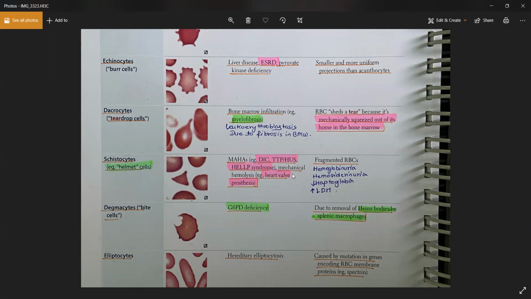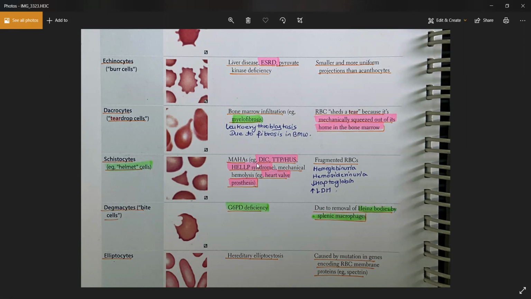You can also see them in mechanical hemolysis, like the heart valve prosthesis, in which you have a mechanical heart valve replacement, right? A prosthetic heart valve. So in any scenario in which you're having microthrombi formation in the blood vessels, you can have the helmet cells or the schistocytes. It happens whenever the RBCs pass through a thrombotic vessel.